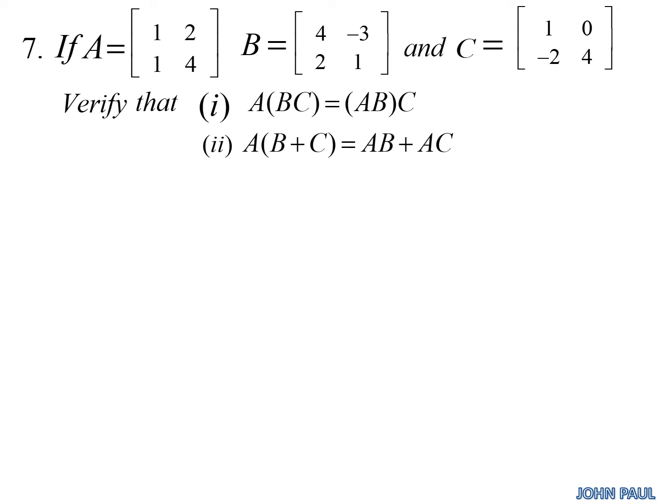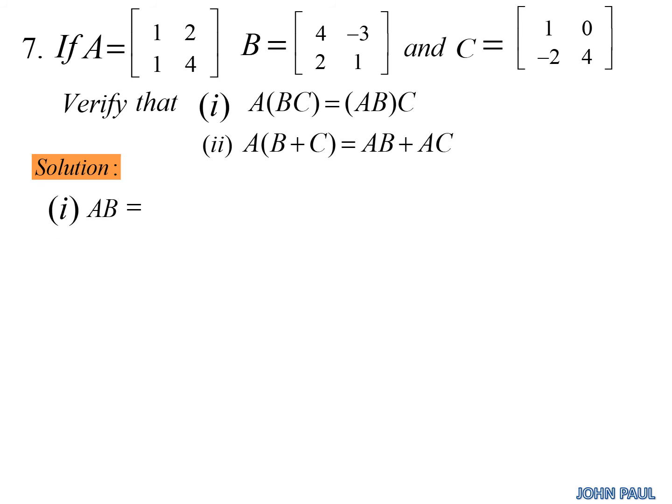Seventh problem: if A, B and C are given, we have to verify A into BC equals AB into C, and A into B plus C equals AB plus AC. Solution.